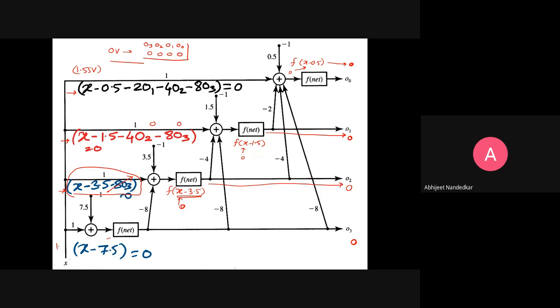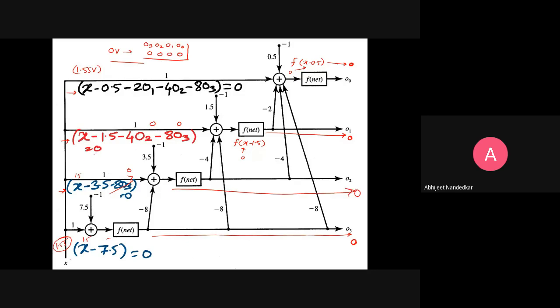Say x is 1.55. So this 1.55 is given to everybody. Here 1.55 will come. If you compare with 7.5, this is less. So again 0 will be transmitted. So if this is 0, this will also be 0. So this is 1.55 minus 3.5, which is less than 0. So again you will transmit 0.